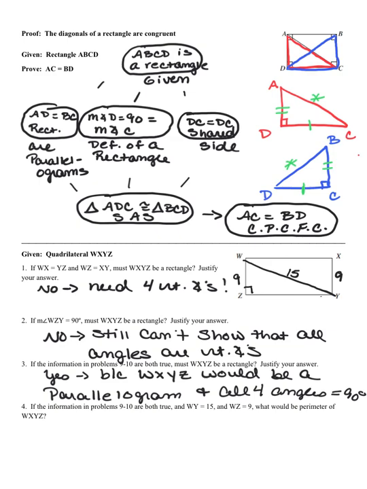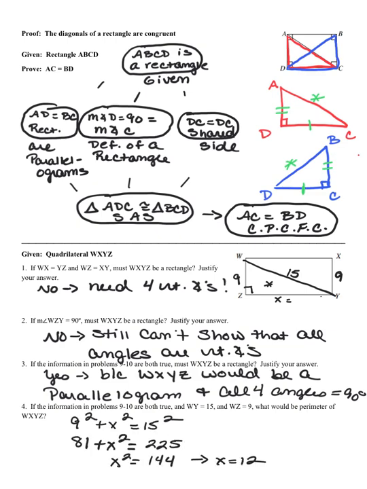If this triangle right here is a right triangle, we can use the Pythagorean theorem to figure out the length of side ZY. So this side is 12, which means the one opposite has a length of 12, and my perimeter is the sum of all of those sides added together, which is 42 units.